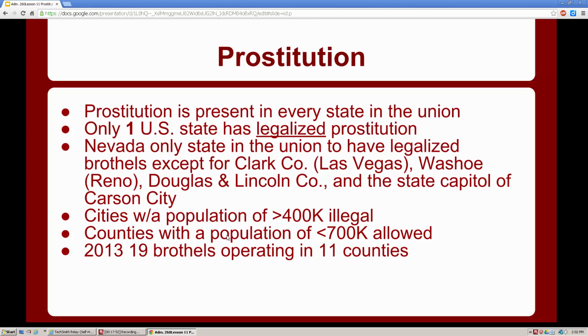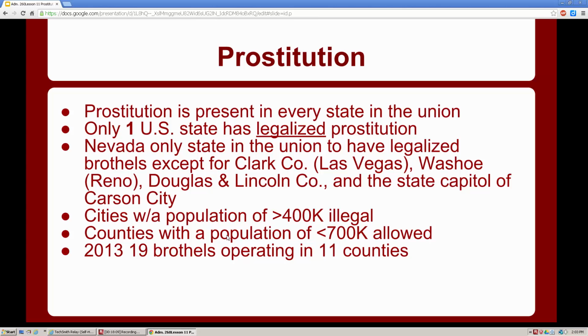Part of the rules and regulations in Nevada is that in a city with a population of greater than 400,000, it's illegal to operate a brothel. And in counties with a population of less than 700,000, it is allowed.